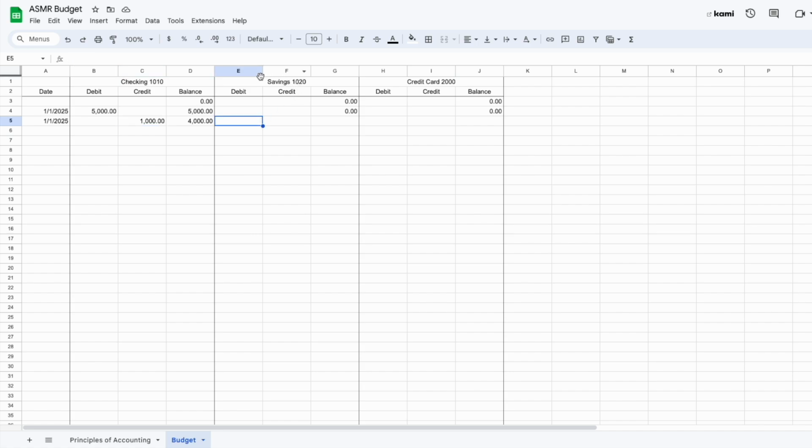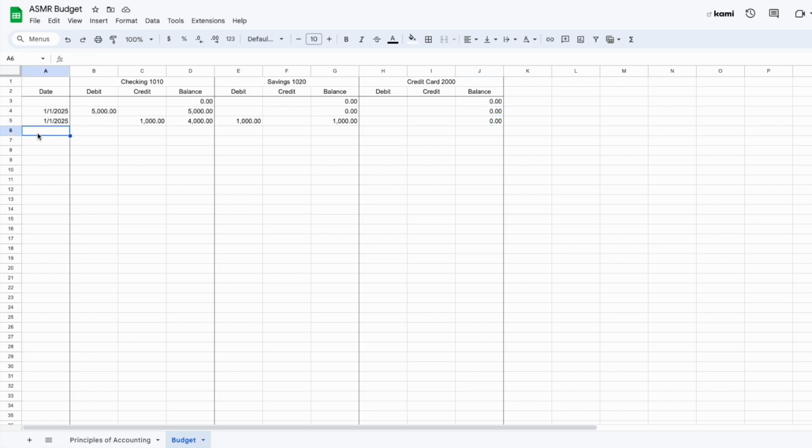So we'll debit this asset, our savings account, to increase it by the same number. Click and drag our formula. Update that one as well. And there you go.